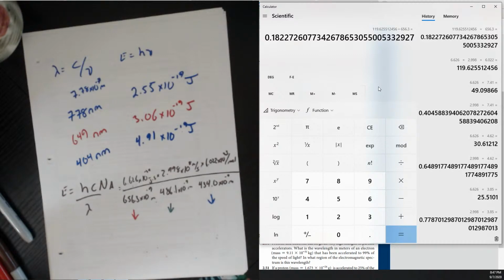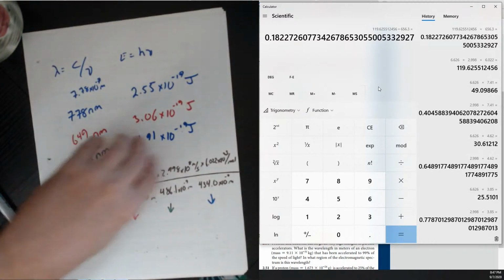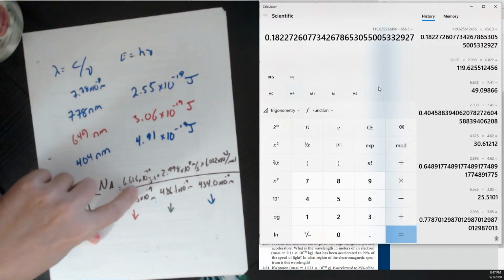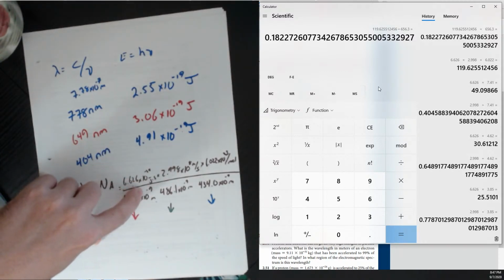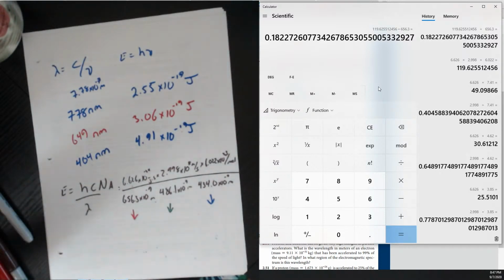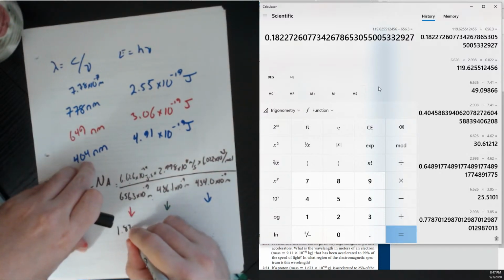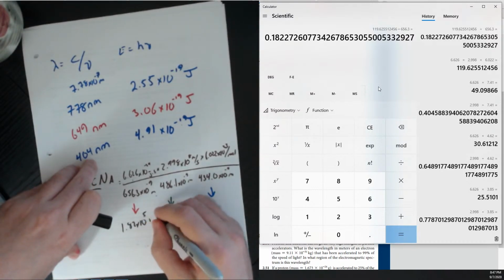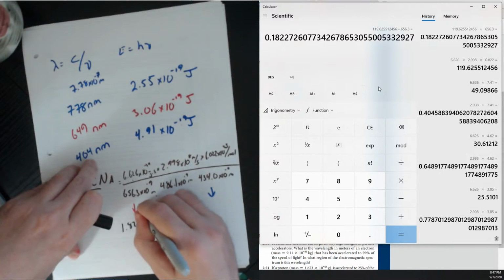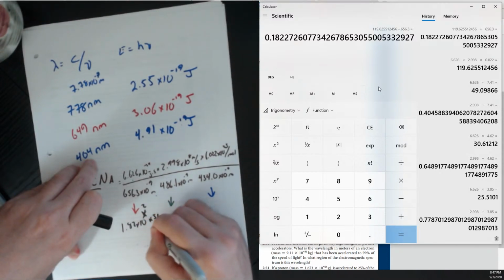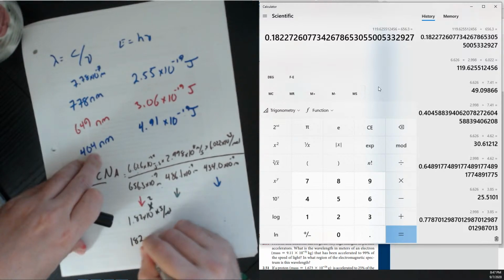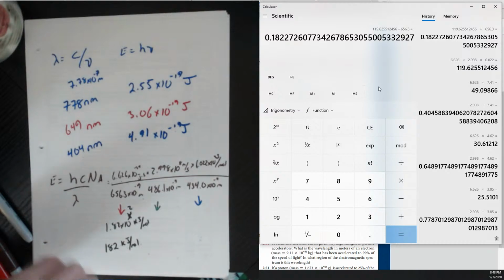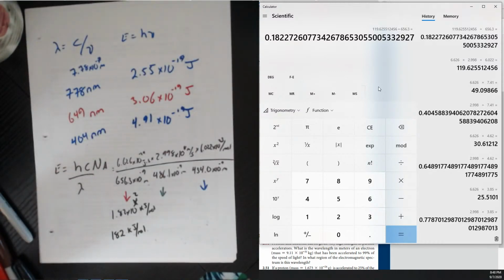So, 0.182 times 10 to the positive 6, so 1.82 times 10 to the 5th. Oh, they want it in kilojoules per mole, so bring it down, 10 to the 2nd kilojoules per mole, or 182 kilojoules per mole. So they're all going to be at about that range.